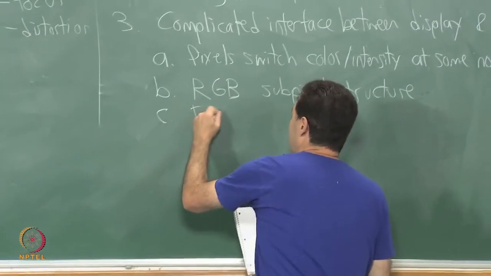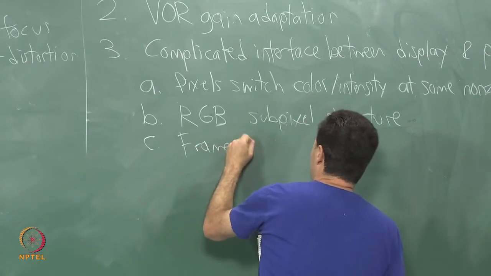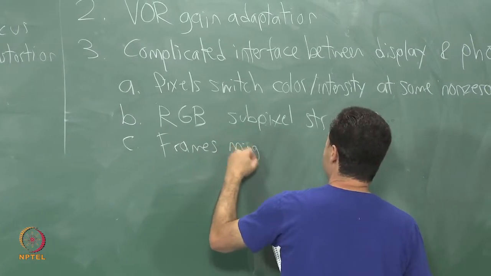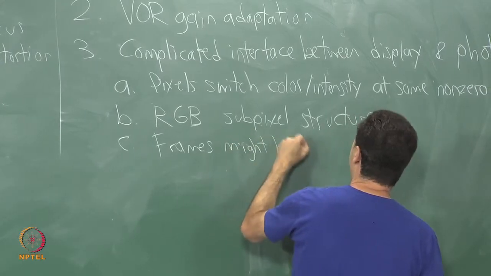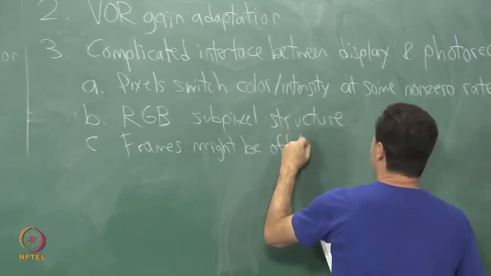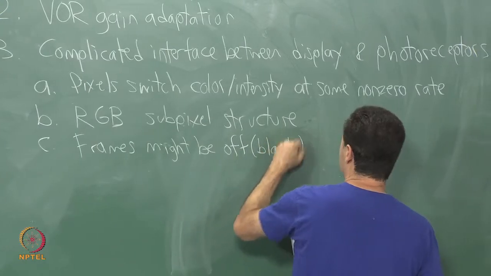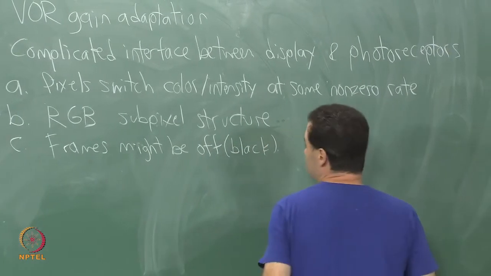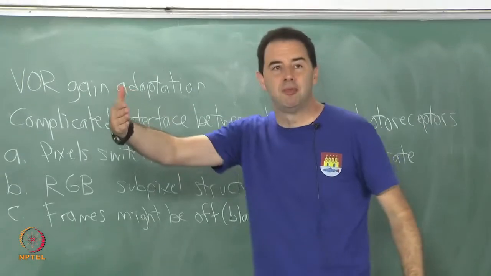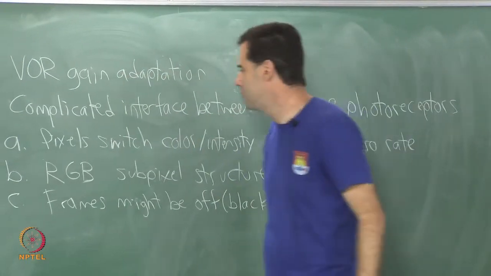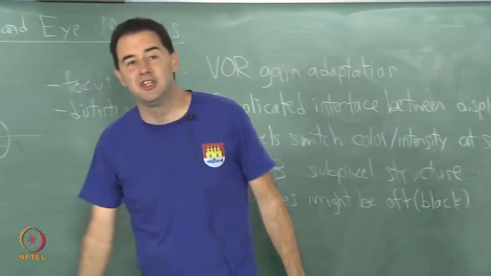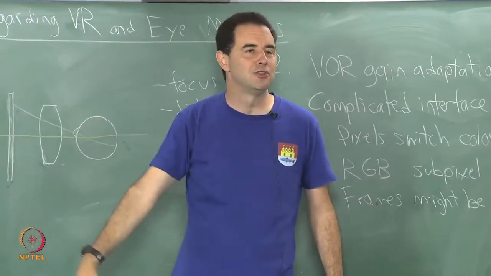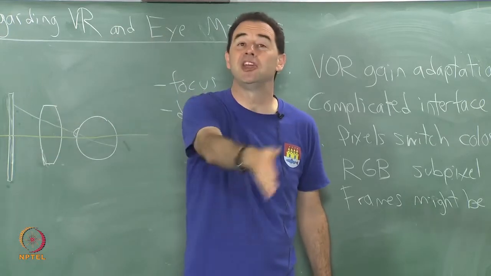Frames might be off, in other words black, at particular times. So in other words, the entire display may be black for some period. If you have a slow switching display like an LCD, it may never go black. You're just always switching between different colors and intensities, and it's just barely keeping up, let's say.